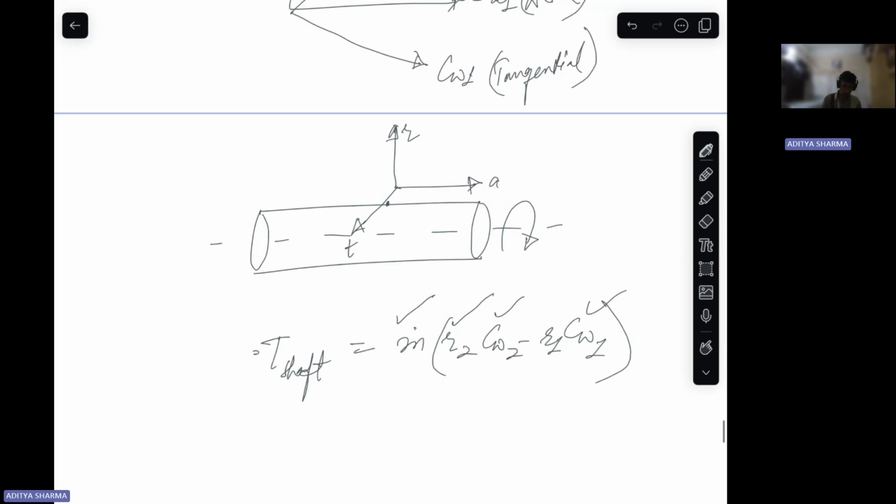So it's U2, V2, this is U2, this is U1, this is U1.